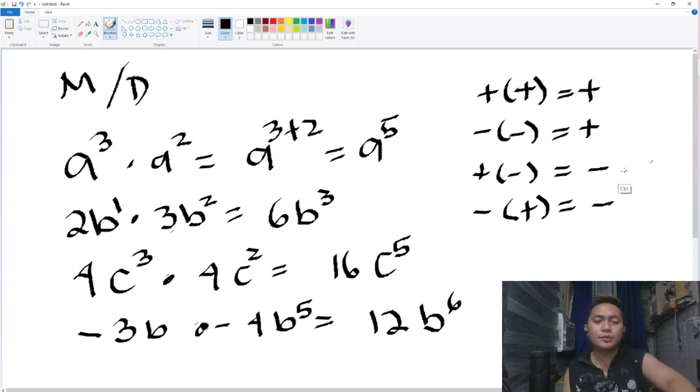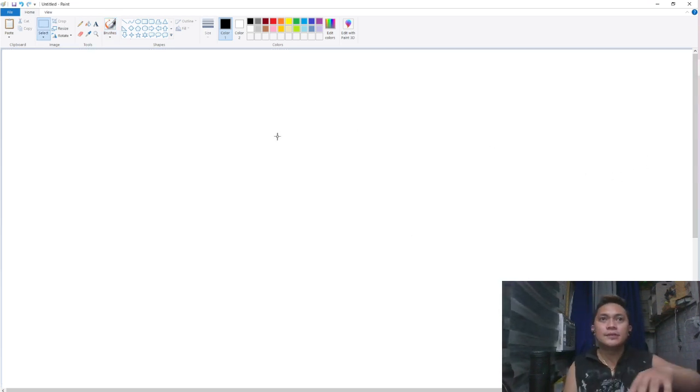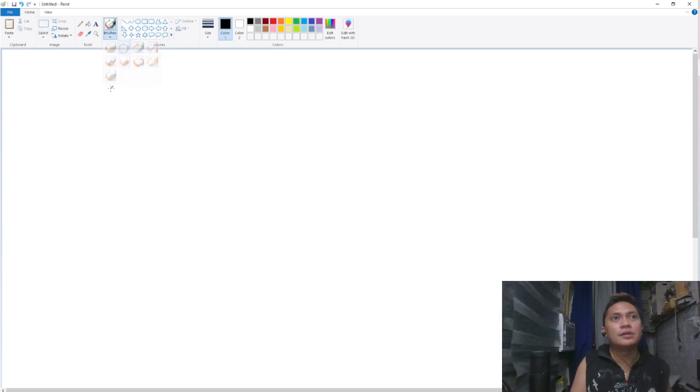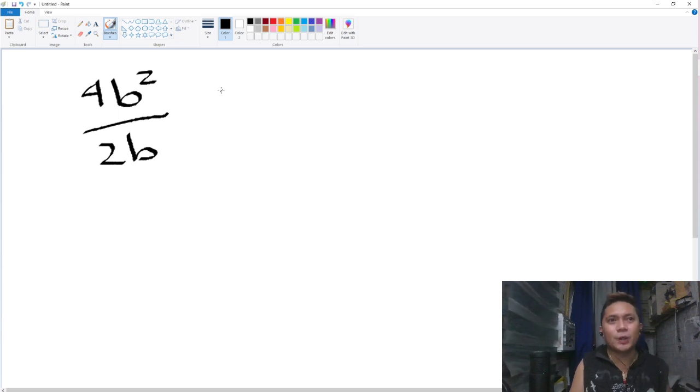So let me remove this. Okay, so in division, for example, we have 4b squared divided by 2b. Okay, so we're going to subtract the exponent, but before that we need to divide 4 divided by 2.